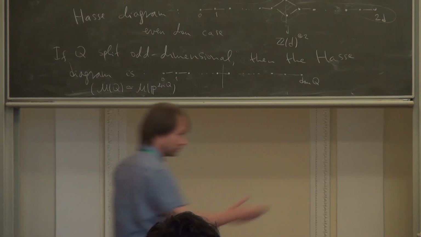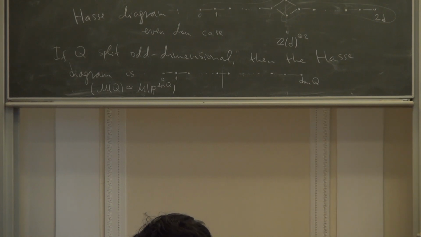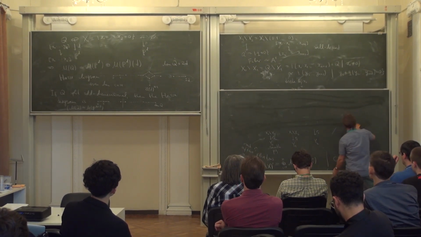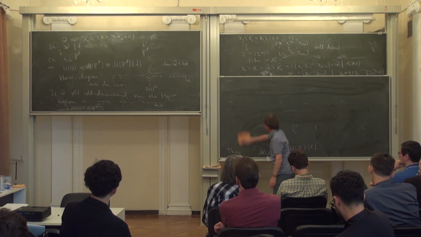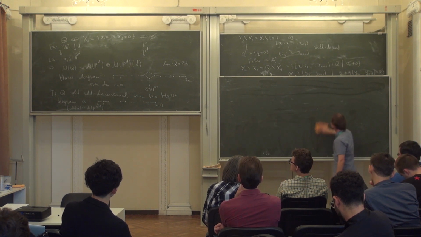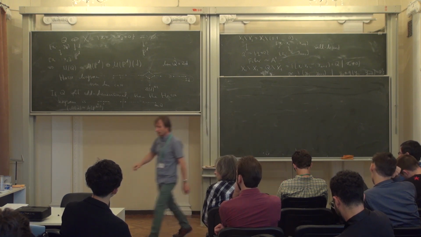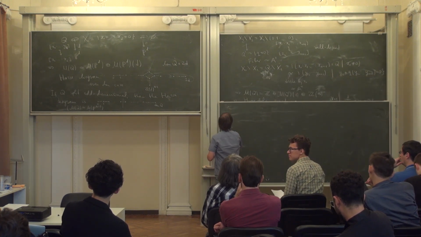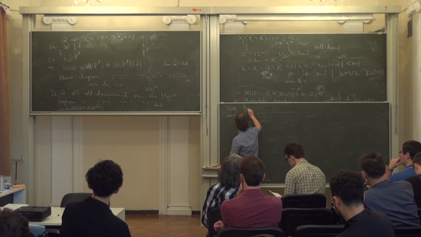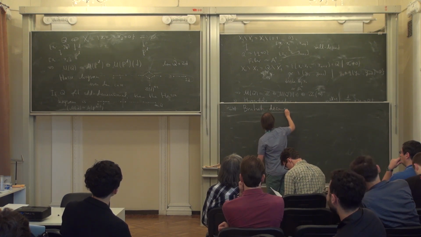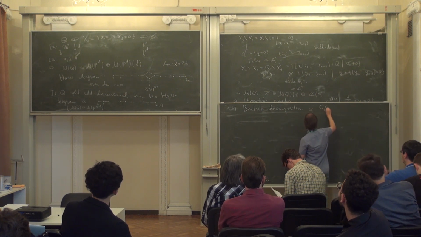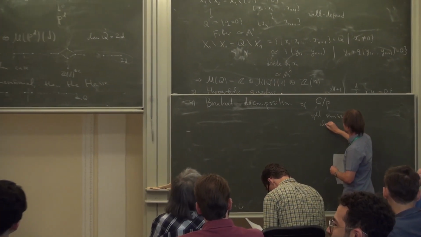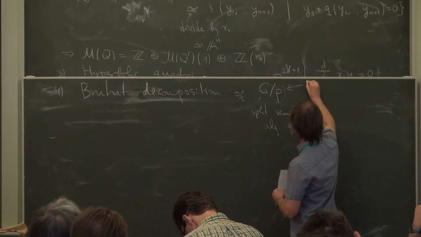So let me mention, as example number 4, the Bruhat decomposition of G modulo P. So G is again a split semisimple algebraic group and P is some parabolic subgroup.